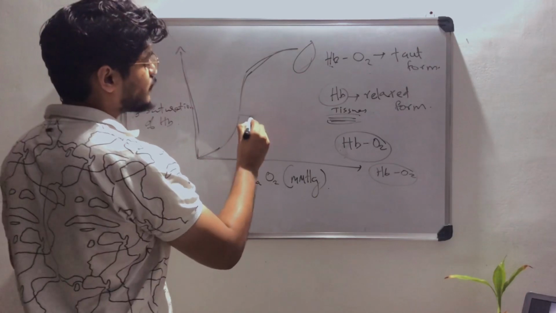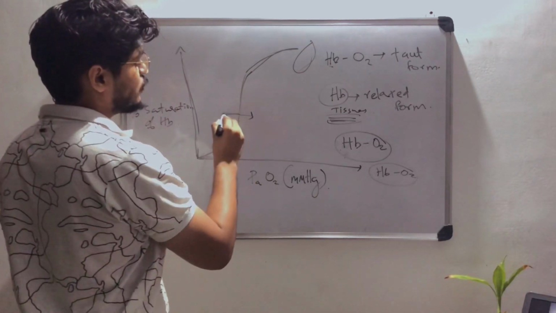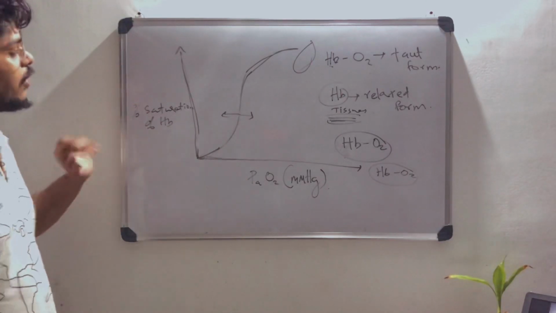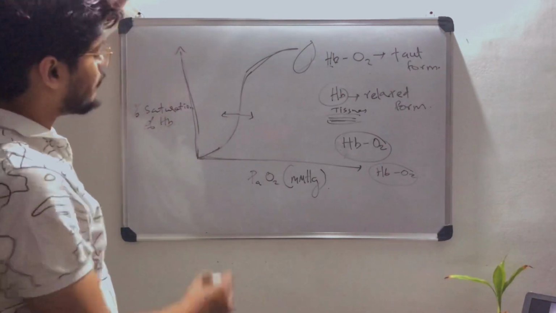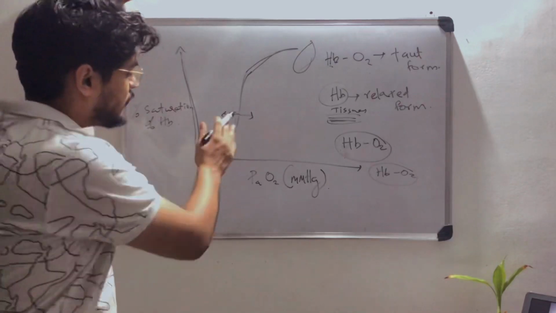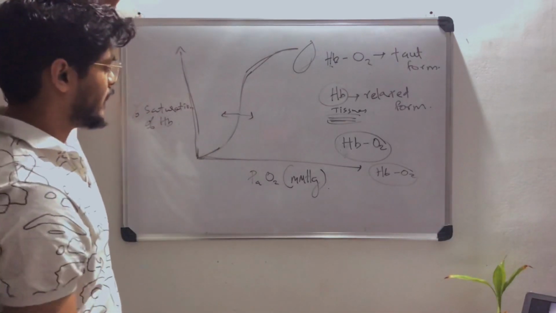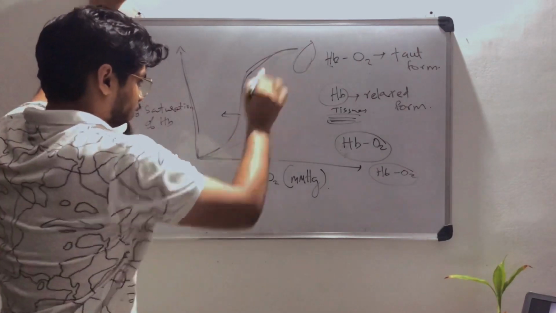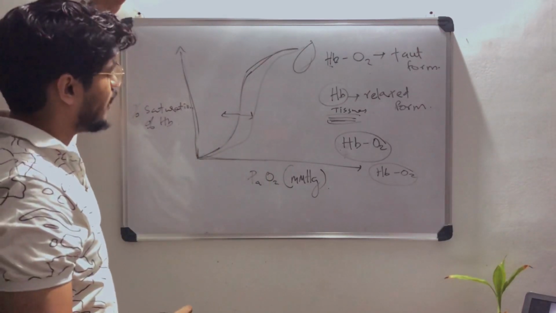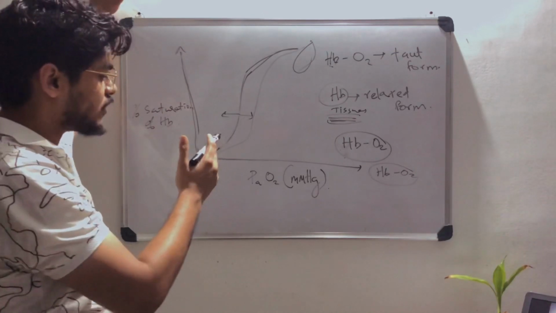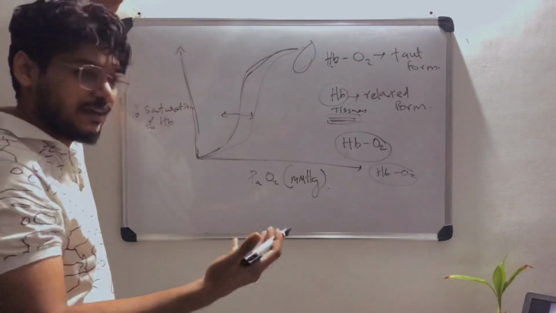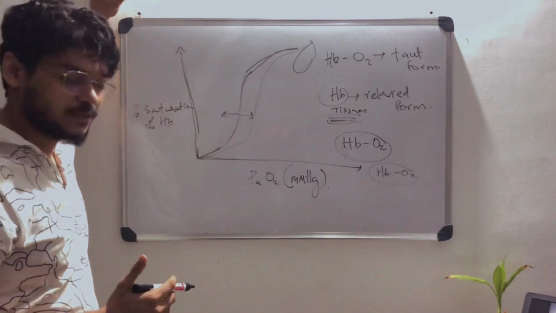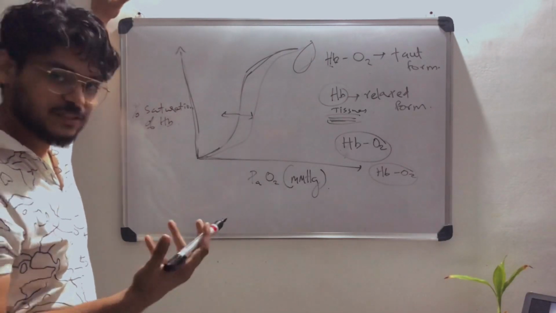So it can be shifted towards right and towards left. Any way is possible, right? Okay. So when will it be shifted towards right, or when towards left? Let's see. If the curve is shifted towards right, that means more partial pressure of oxygen is required to reach that certain percentage of hemoglobin saturation with oxygen. Understood?